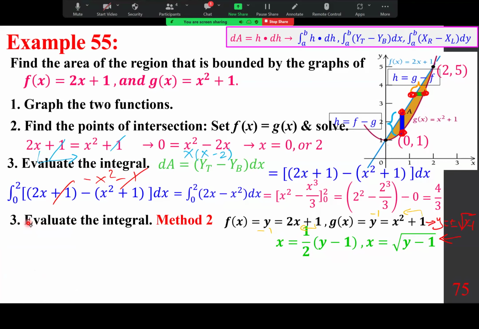So h dh, dh is dy, h is x of the right minus x of the left. X of the right is the curve, and therefore it makes it square root of y minus 1. X of the left is the line, therefore it makes it half of y minus 1. So that's what we get. And the limits now are the limits of the y coordinates, 1 to 5.